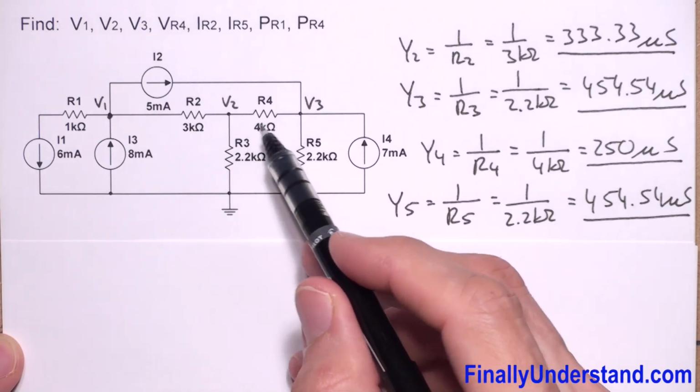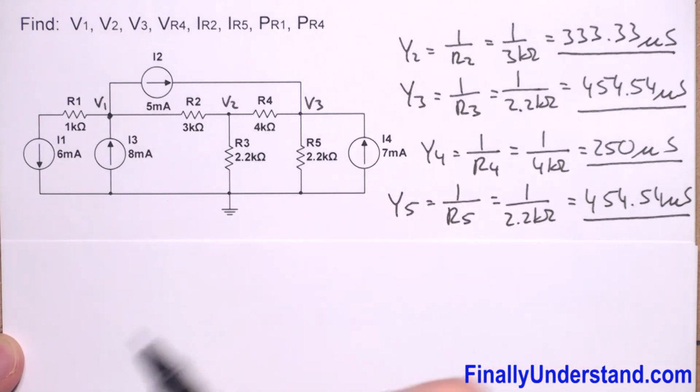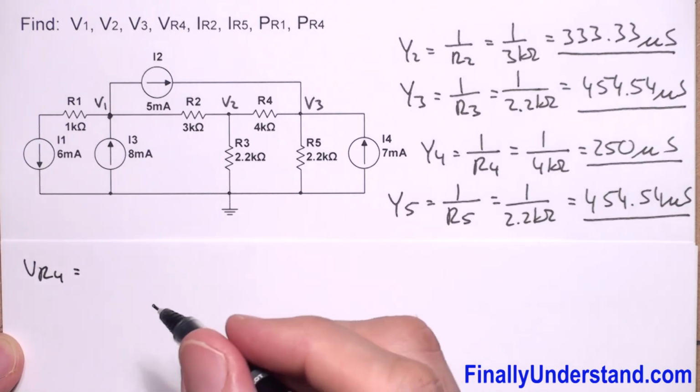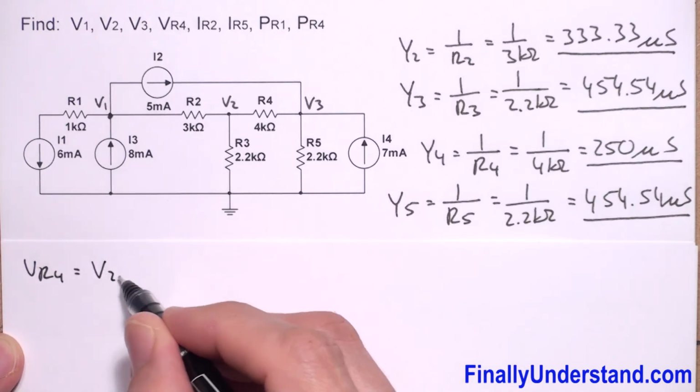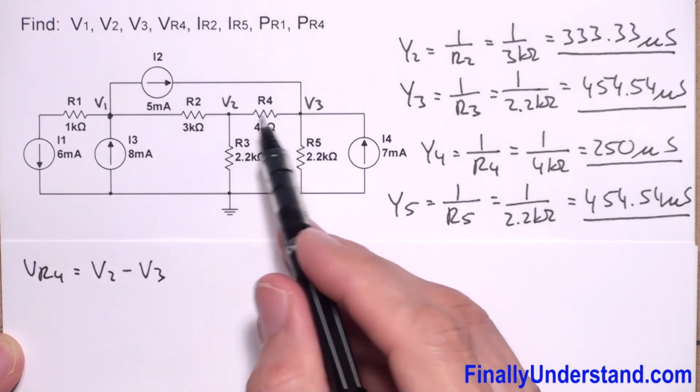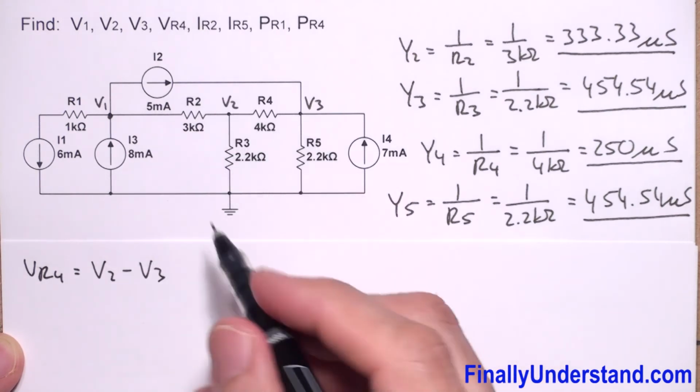Next we're supposed to find the voltage across resistor R4. So VR4 is equal to V2 minus V3. If you subtract these two voltages, you find the voltage across this resistor.